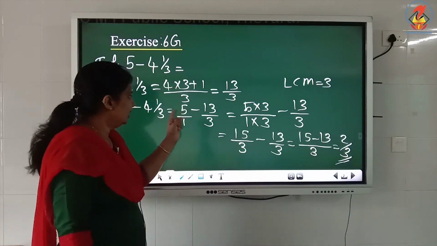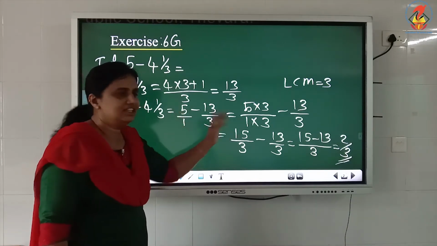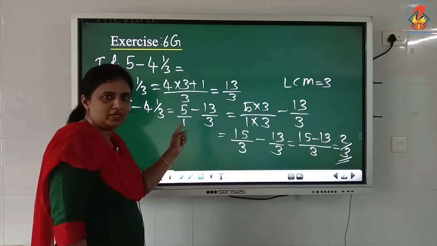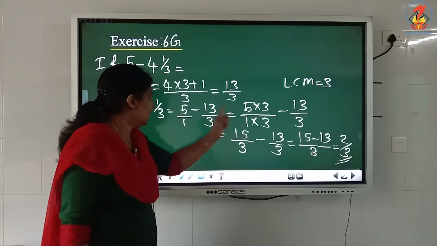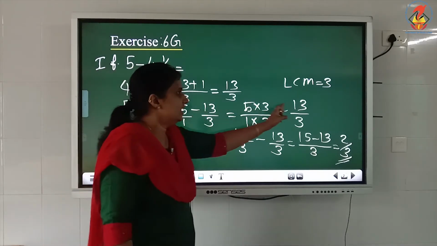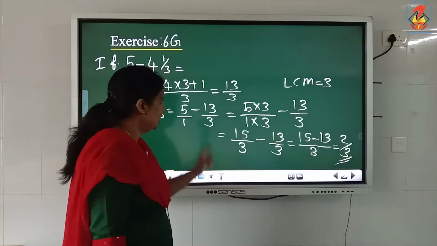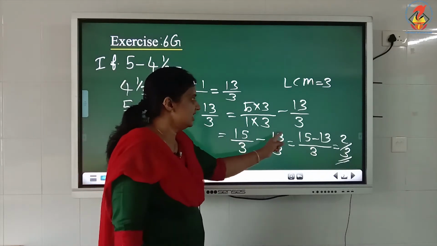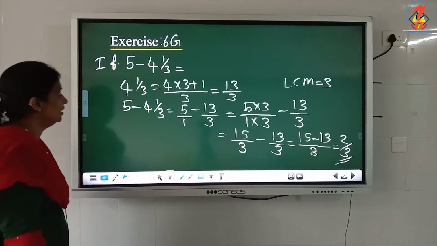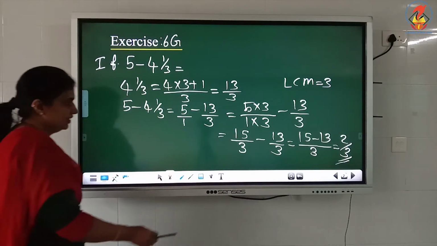The LCM is what? 3 only, right? And I need to change this fraction to an equivalent fraction. 1 into 3, so 5 into 3, 15 minus 13 by 3. Now 15 by 3 minus 13 by 3 will become what? 2 by 3. The answer is 2 by 3.